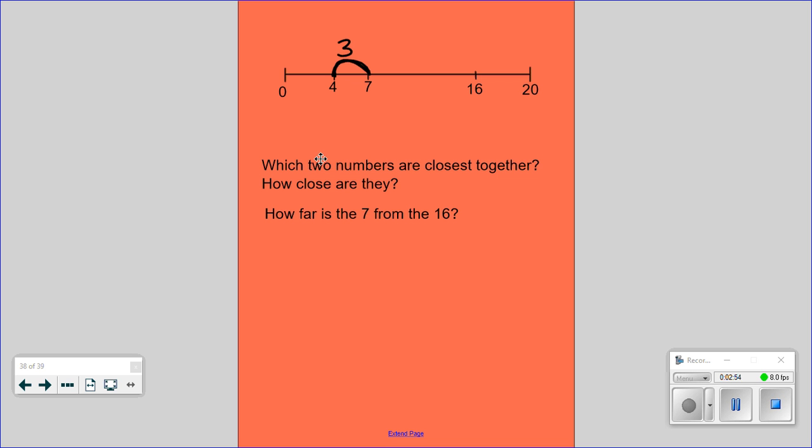How far away is the 7 from the 16? Remember, if you don't know, you need to start at the one endpoint and count on until you get to the next endpoint.